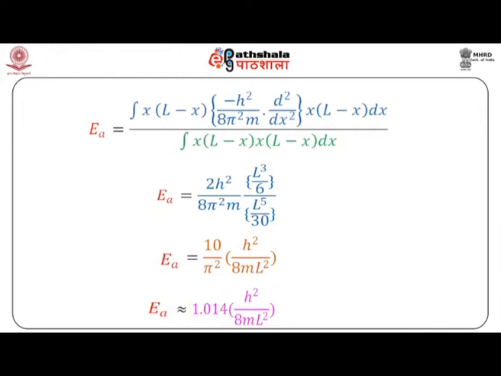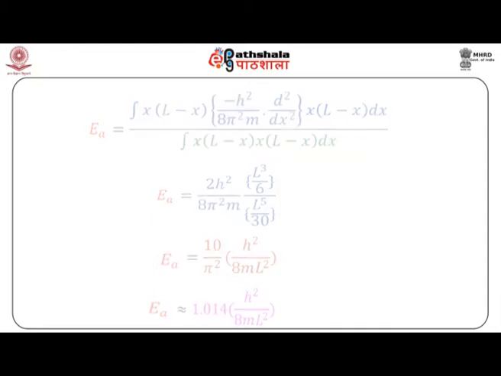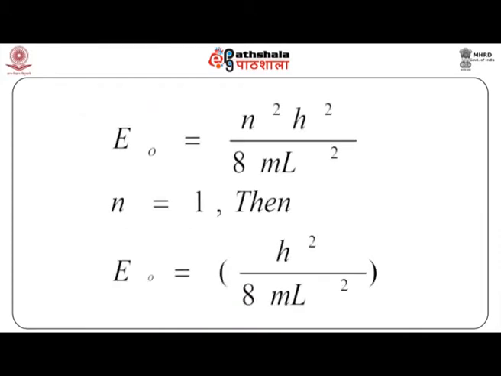For the problem of a particle in a one-dimensional box, the exact ground state energy is known to be of the form shown in equation 7, which is n square into h square upon 8 m L square, where for the ground state n is equal to 1.